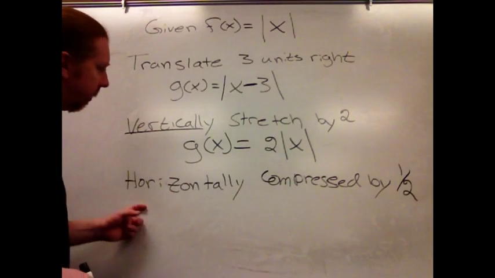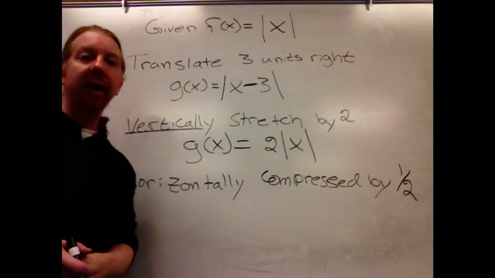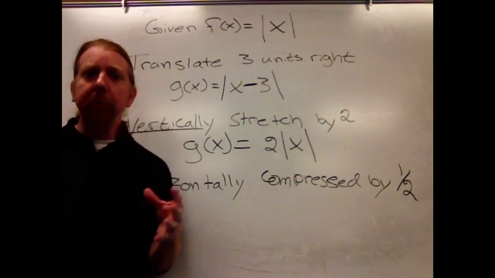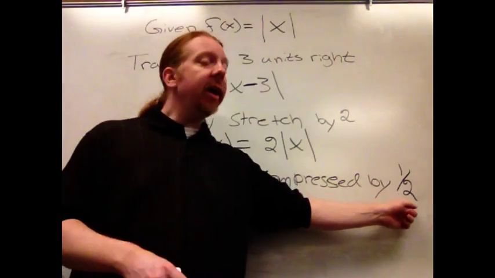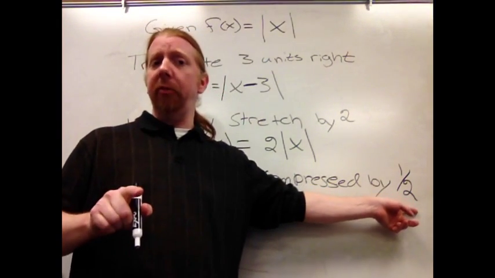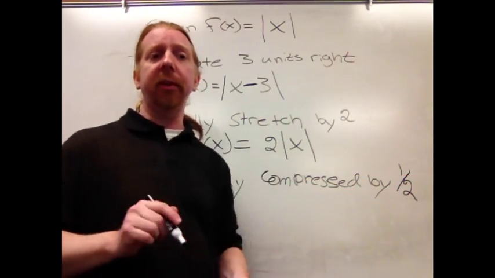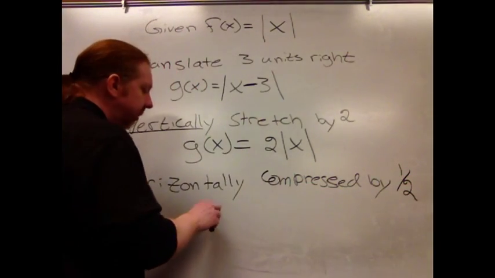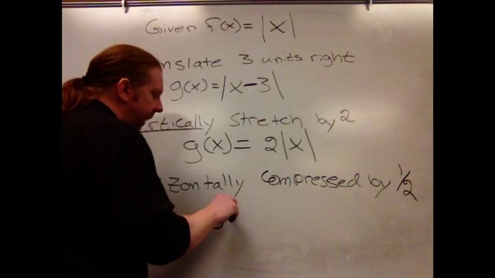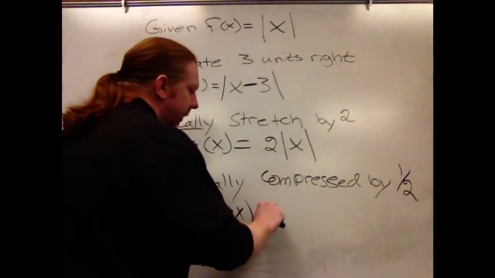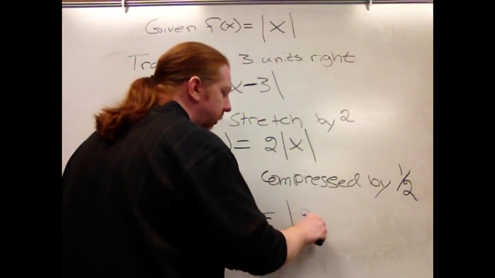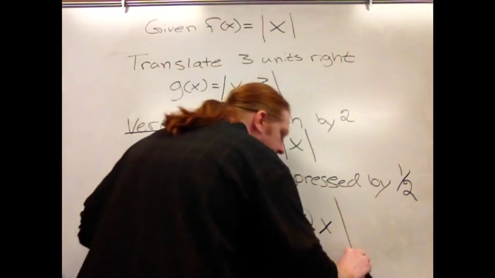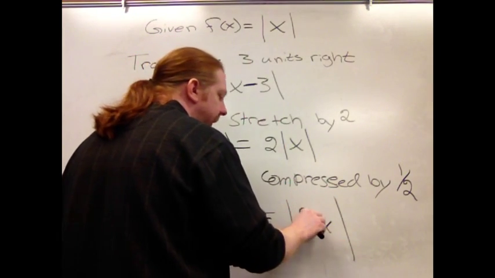Last but not least, I've got horizontally compressed by 1/2. Now we know that horizontal means it's inside those parentheses. And since it's horizontal, it's the opposite of what I would expect, so I'm going to flip this fraction. So my new function is going to be g of x equals the absolute value, flip it, so 2x, and now I can close my absolute value.